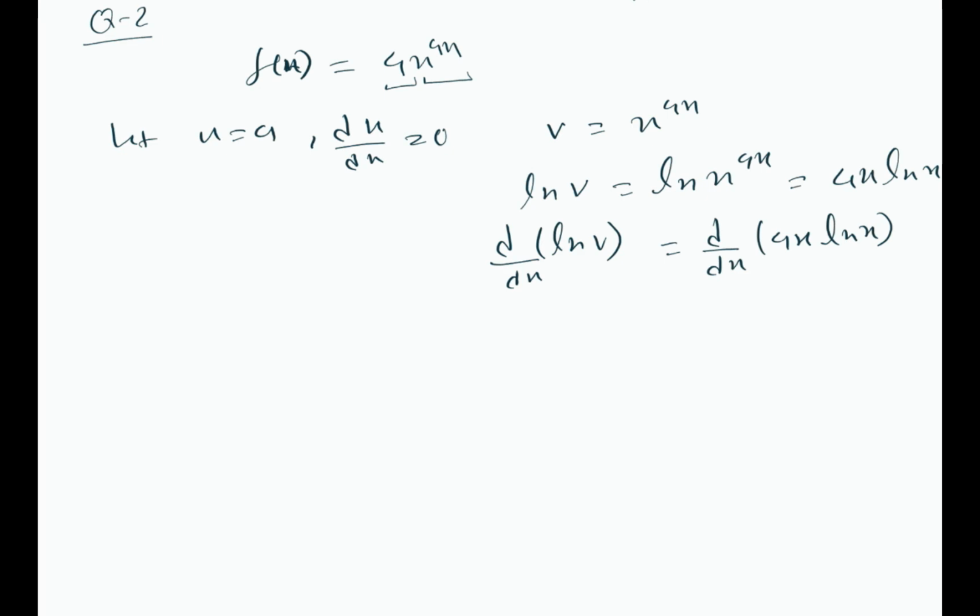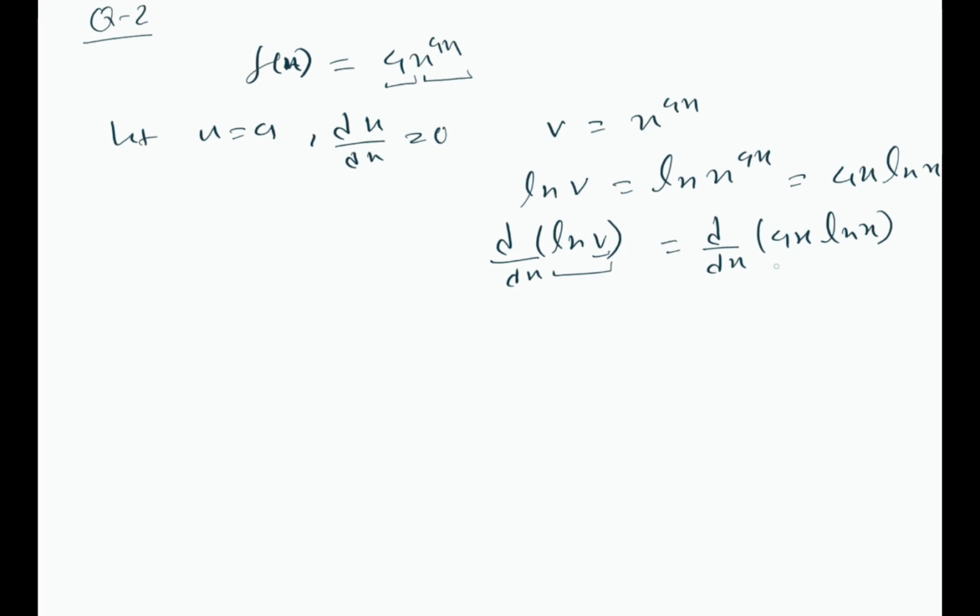On both sides we need to apply the chain rule, because both are composite functions, with one inner function and one outer function. On the right side, we need to apply the product rule, because we have one function times another function.